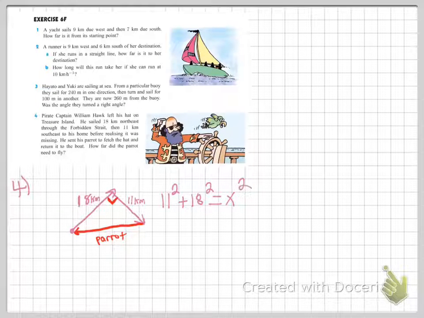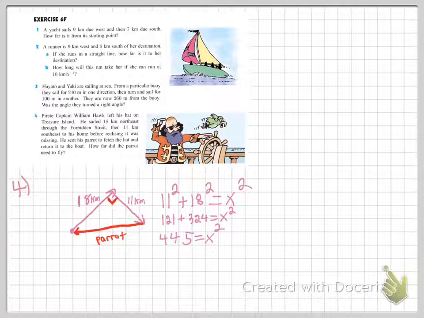So we got 121 plus 324 equals x squared, and then we get 445. Yep, 445 equals x squared.